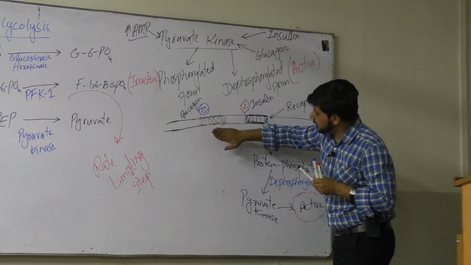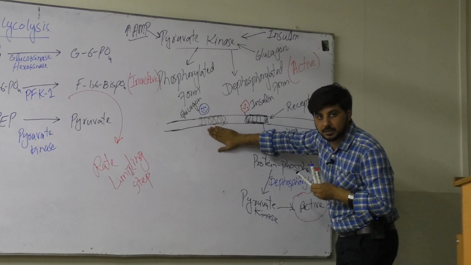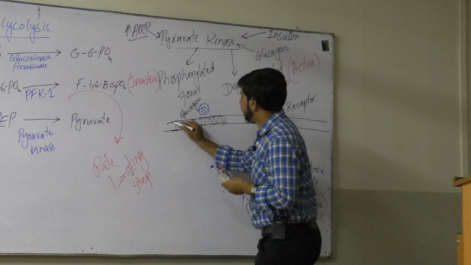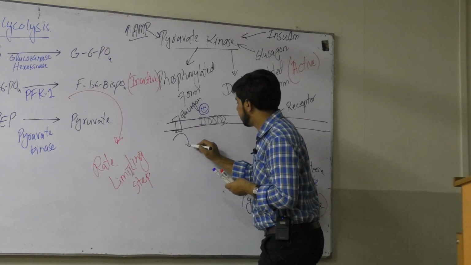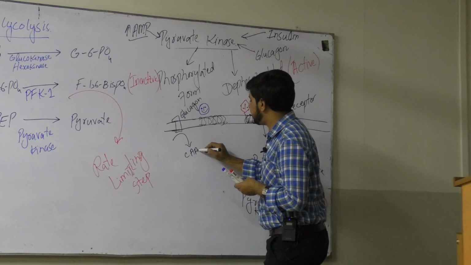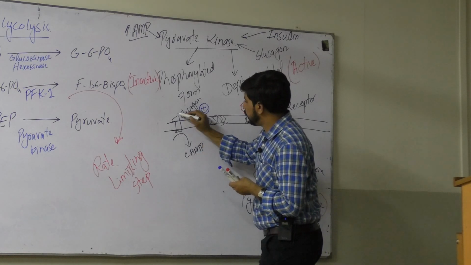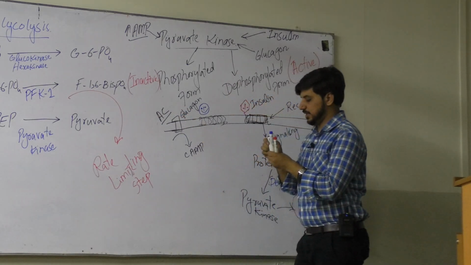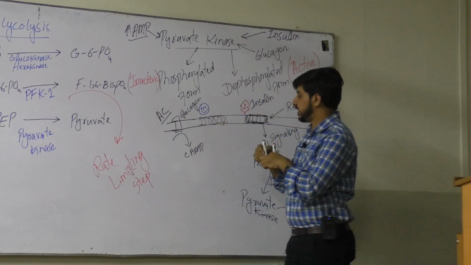This glucagon will become attached to this receptor, and after being attached, there will be the formation of cyclic AMP molecules through another enzyme which we name adenylate cyclase, with the help of G protein.